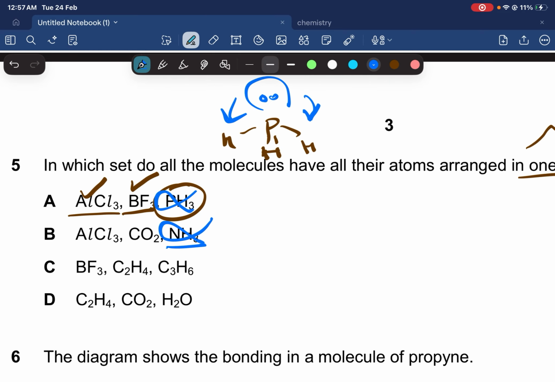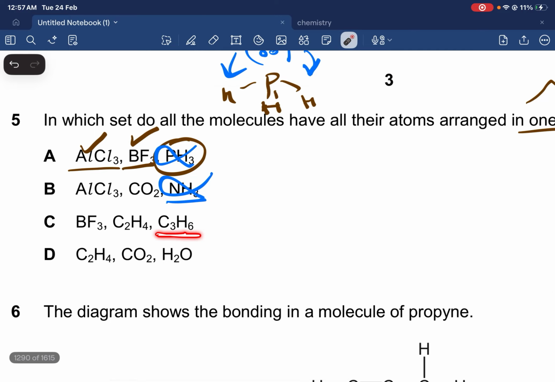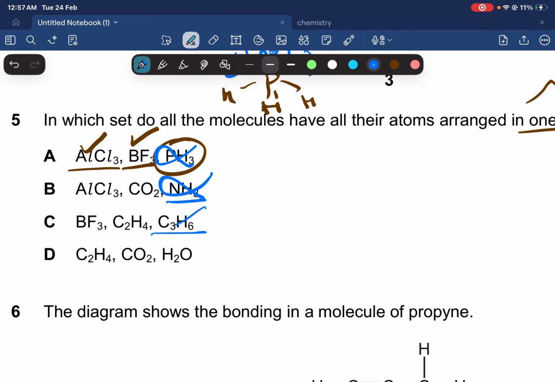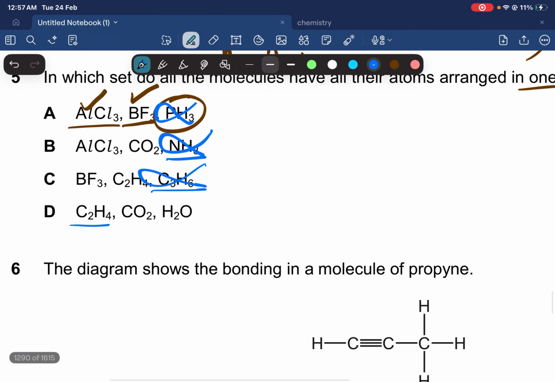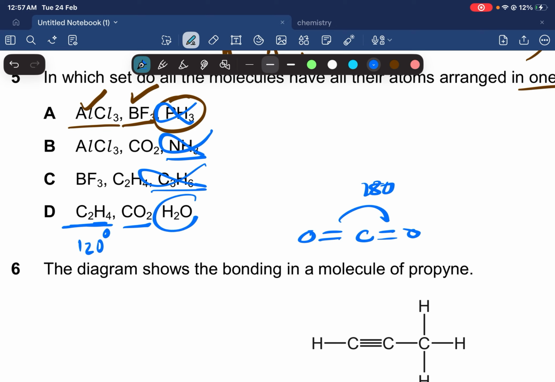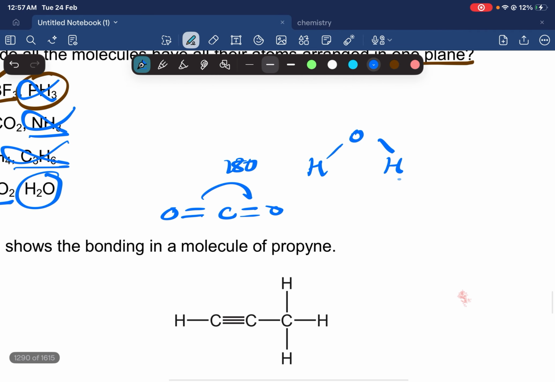NH3 again pyramidal. C3H6 is an alkane, and alkanes are tetrahedral. They're not flat. Over here C2H4 is an alkene. Alkenes have 120 degree bond angles. They're trigonal planar. CO2 is a linear molecule like this, so the bond angle is 180 degrees. So it's in one plane. H2O, despite being bent in shape, is a planar molecule.